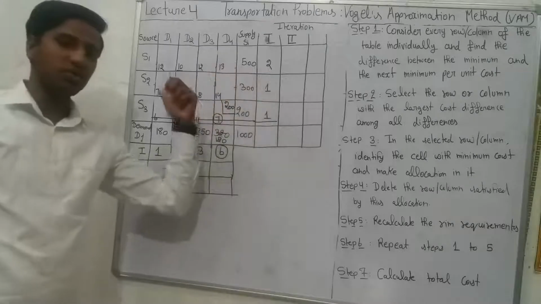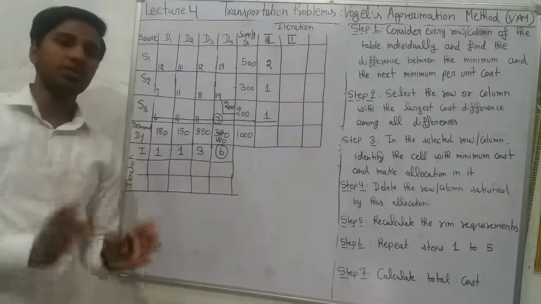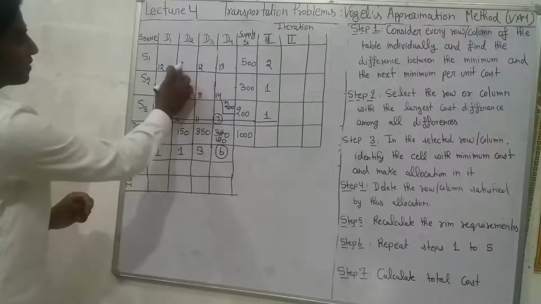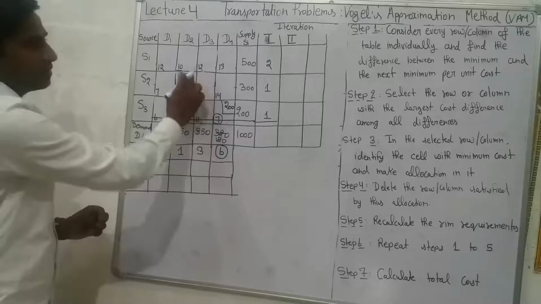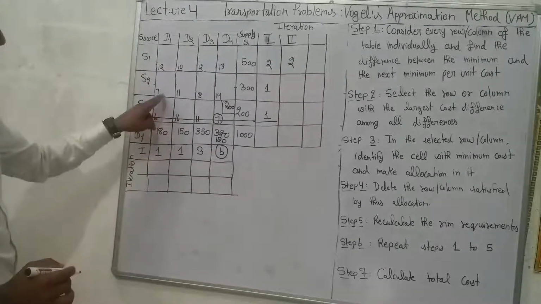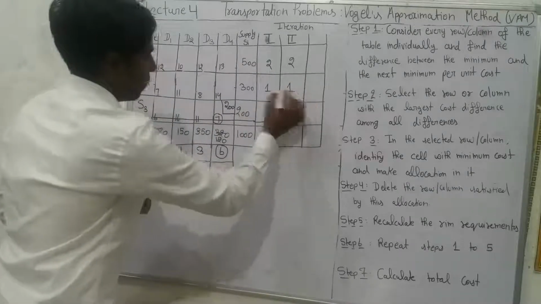again identify in each row and each column the minimum and the next minimum and calculate their differences. The minimum cost in the first row is 10 and the next minimum is 12, so the difference is 2. In the second row, the minimum is 7, the next minimum is 8, so the difference is 1.